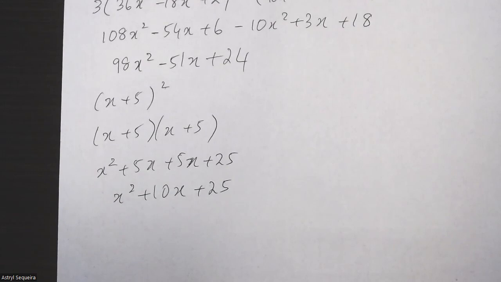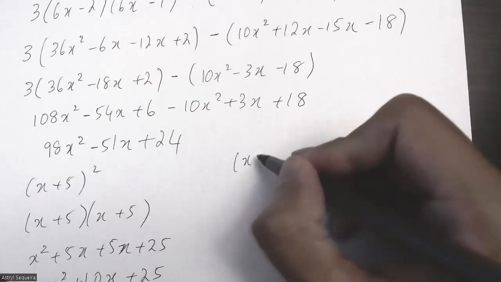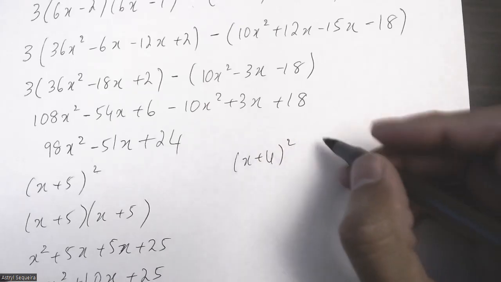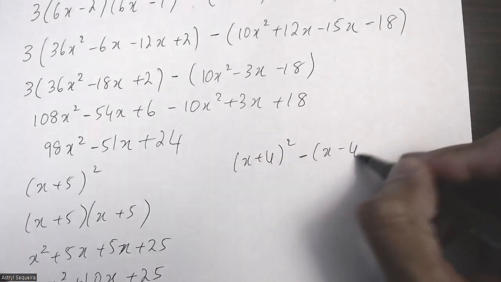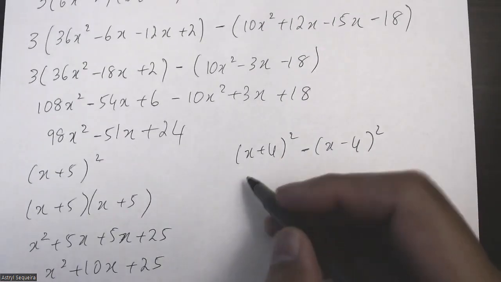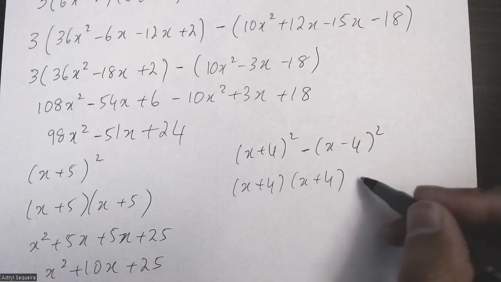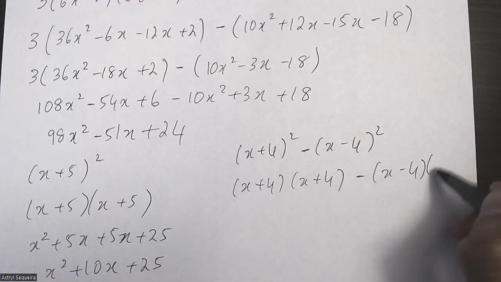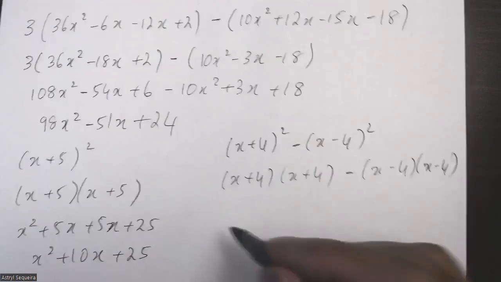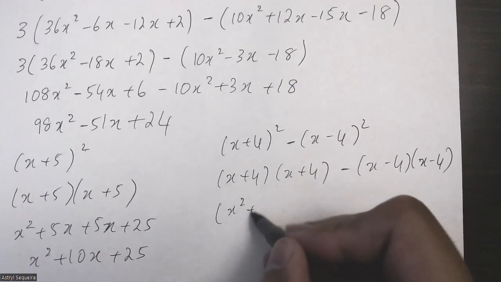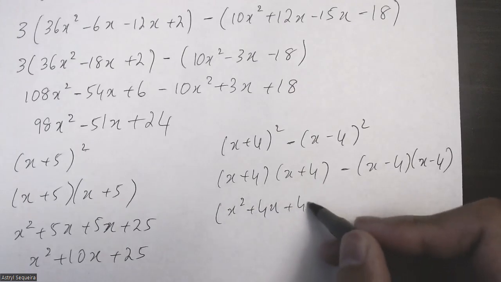You might see some harder questions like (x plus 4) squared minus (x minus 4) squared, but it's the same process. You just have to write out the brackets to begin with, FOIL out both brackets.